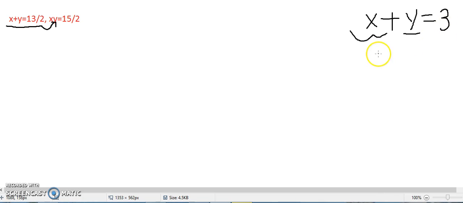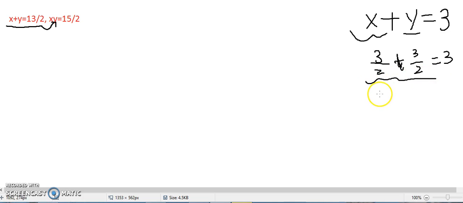So half of 3 plus half of 3 is exactly equal to 3. So that's one of the possibilities. If we don't have any other requirements for x and y, there could be infinitely many solutions. So that's just one of the possibilities.